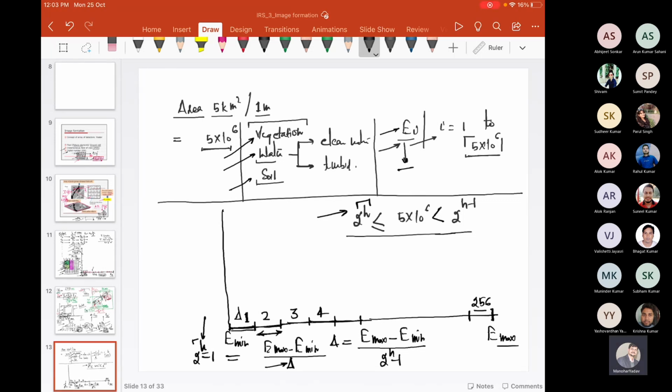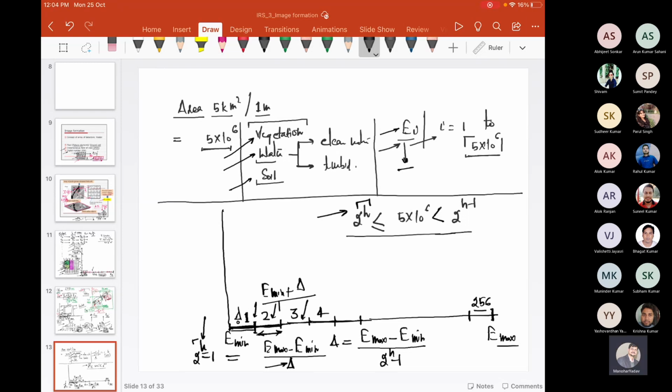Then the next energy part becomes E min plus delta. For all these components, let's say you assign the number 0. Then for the next segment, you assign the number 1.